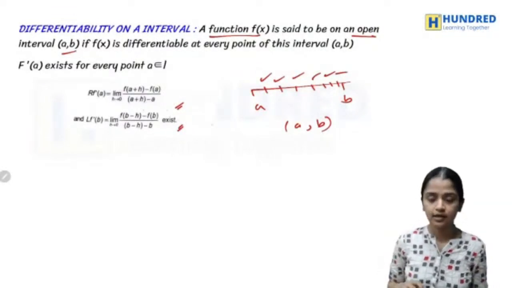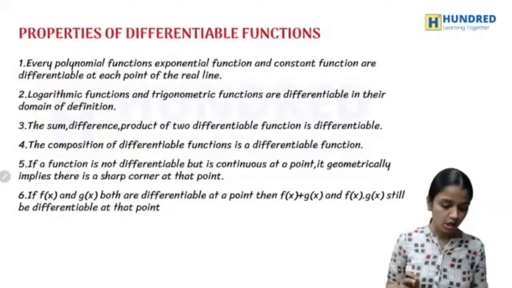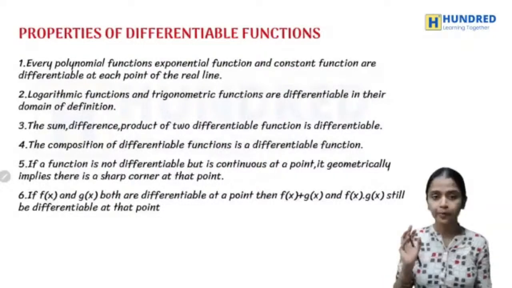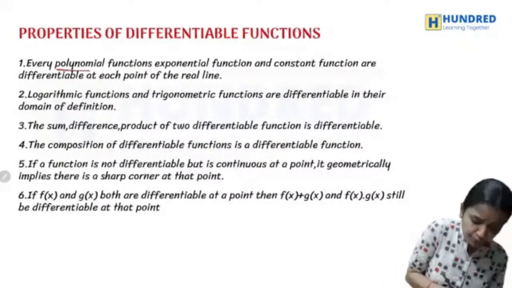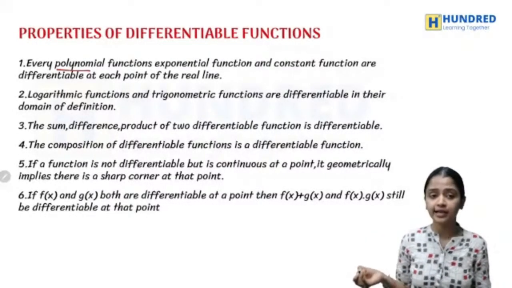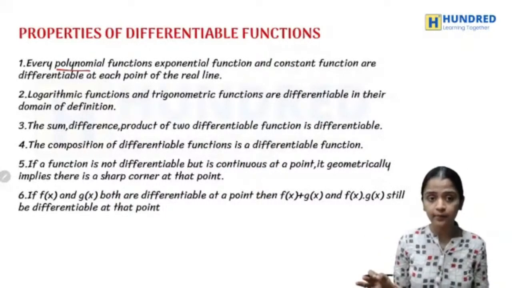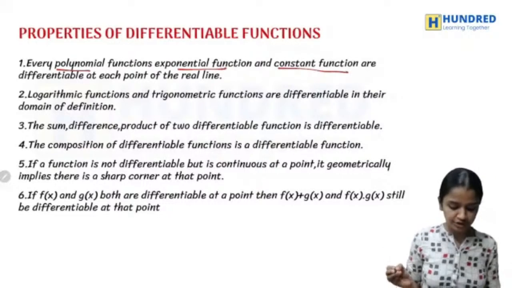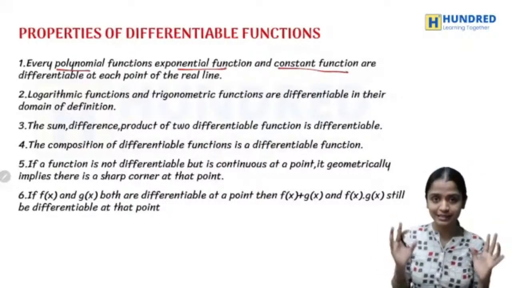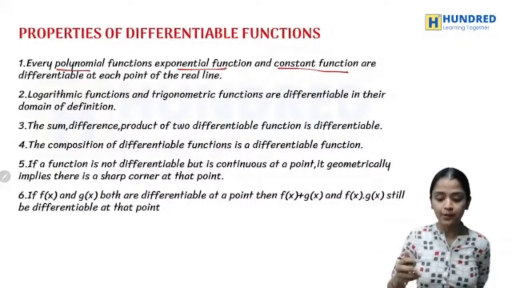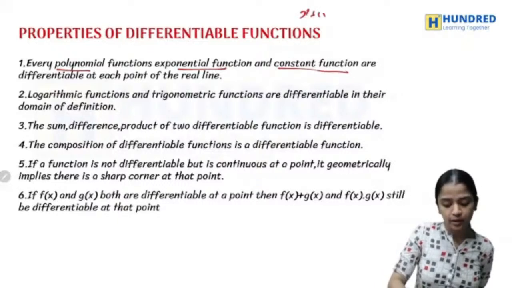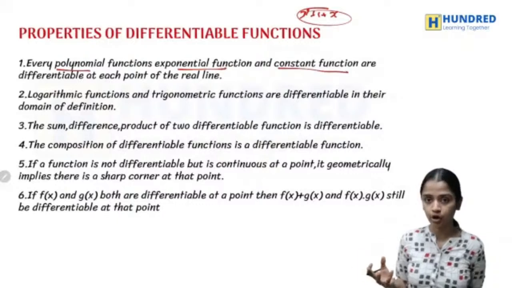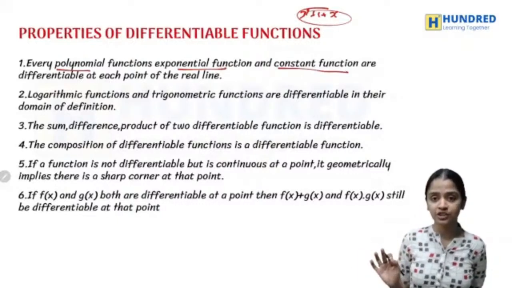Okay, fine. Now let's go to the next one: the properties of differentiable functions. Just note it down immediately that every polynomial function, exponential function and constant function is always differentiable. In the exam, if they give you x square plus 1 plus x and ask whether it is differentiable or not, you can just tell it is differentiable.